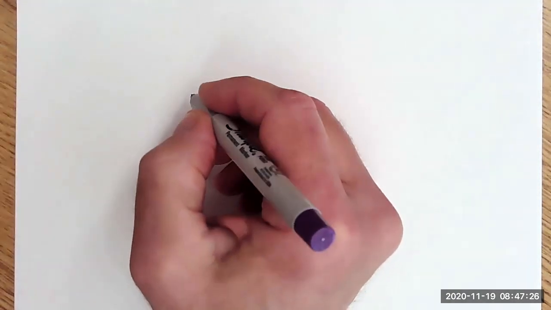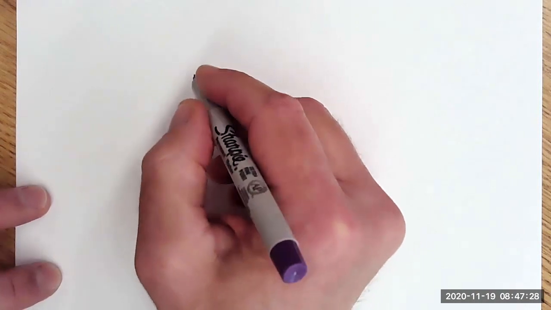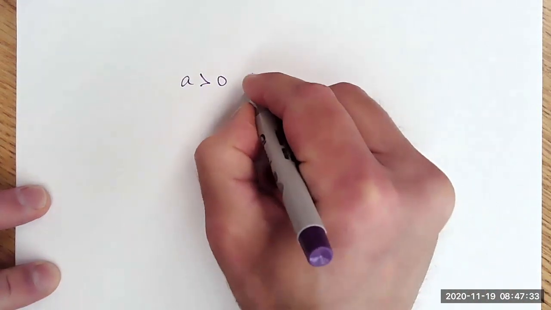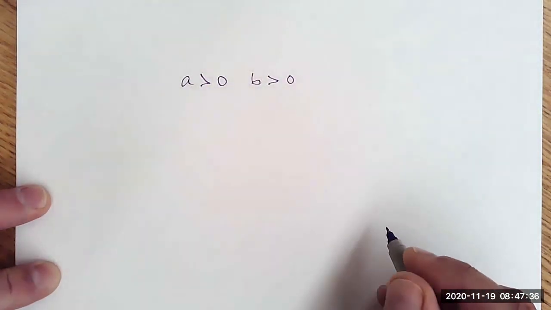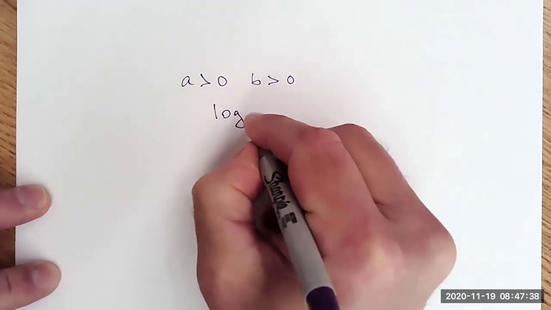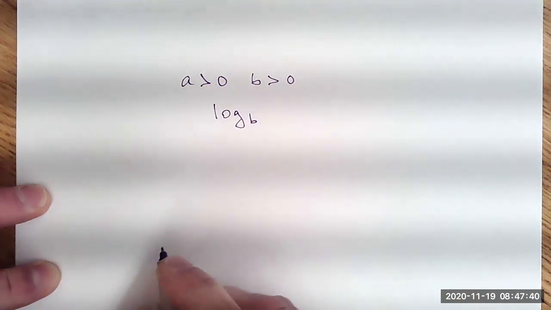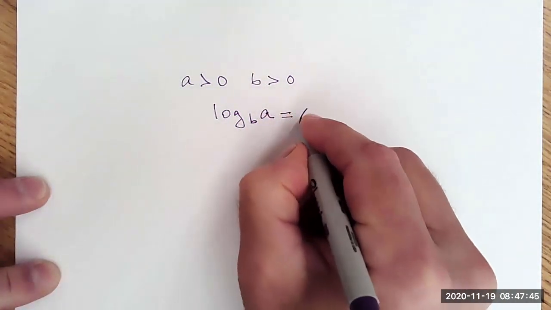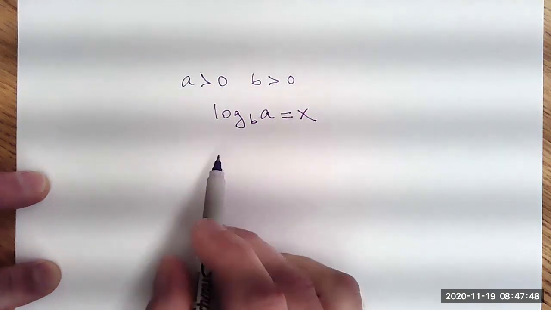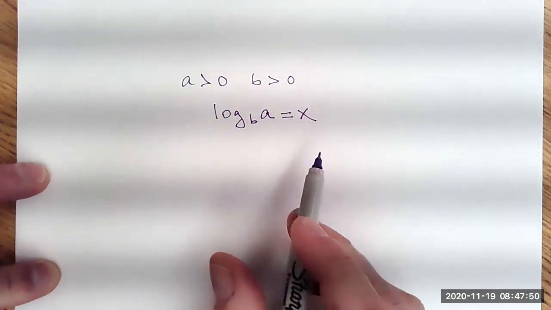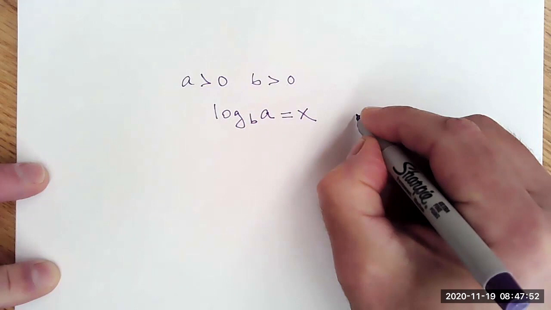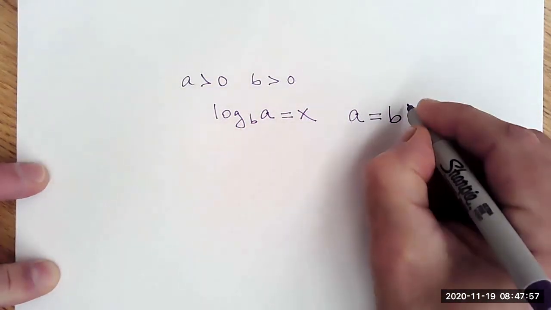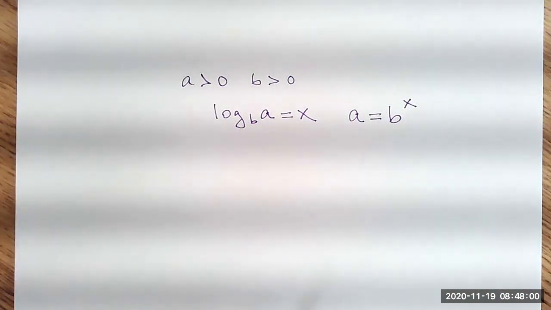So here's the definition of a logarithm. For every a that is greater than 0 and b greater than 0, log base b of this argument a equals your exponent x, and that is equivalent to the equation that says the argument a is equal to base b raised to the power of x.